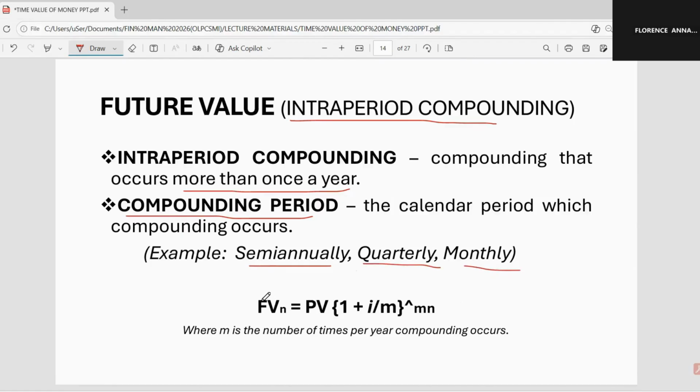And how do we compute your future value in intra-period compounding? That is, your future value at end period is equal to your present value times 1 plus interest rate divided by m raised to mn. Yung m is the number of times per year compounding occurs. So, pag semi-annual, syempre 2. Pag quarterly, 4. Pag monthly, 12. Diba?